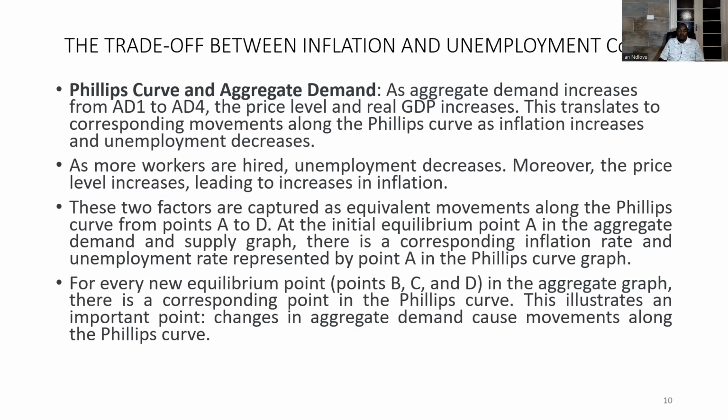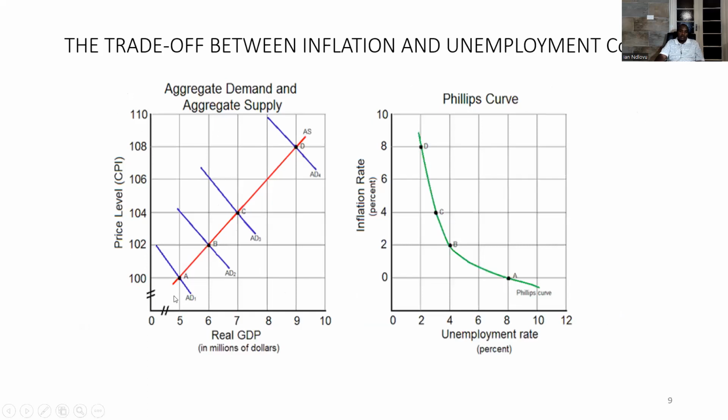But the hiring of these more workers will be associated with increased inflation in the economy, which is what is shown by the shifting of AD from 81 up to 84, which is a movement along this short-run Phillips curve from A to D, translating to a dynamic decline in the unemployment rate and a dynamic increase in the inflation rate.